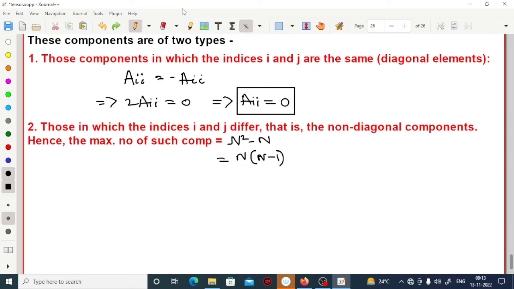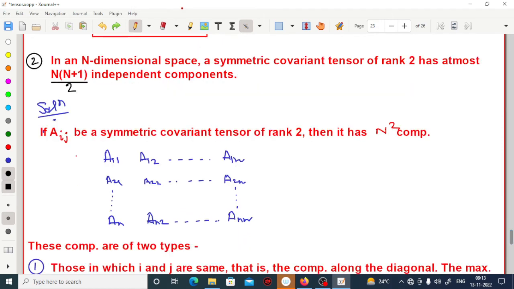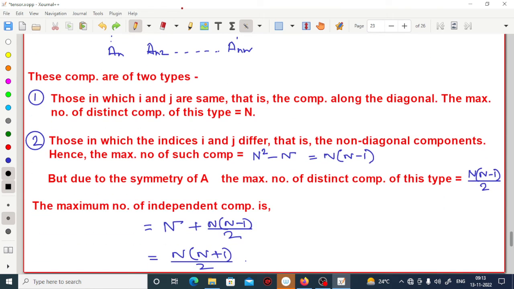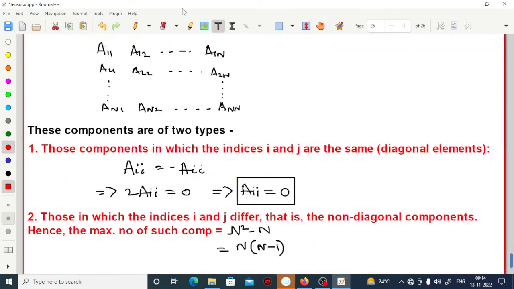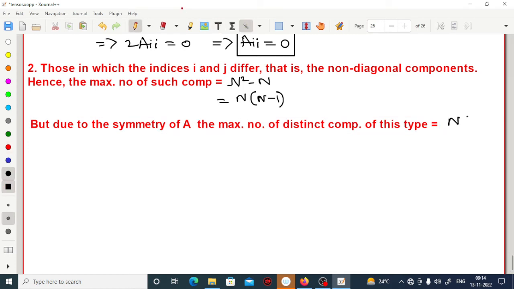So once again I have to write a line, একদম আগেরটার মতো. Thus, this is the number of independent components.